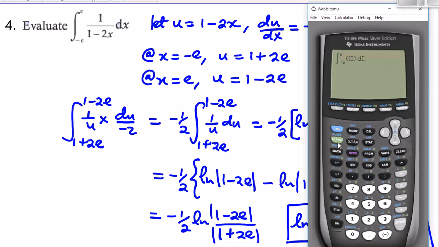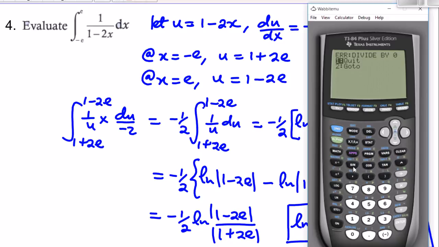Our integrand is 1 over 1 minus 2x, and we are integrating with respect to x. Now, if we press enter, what happens? Let's wait and see. Okay, it's taking time. Oh, there's an error. Divide by 0.